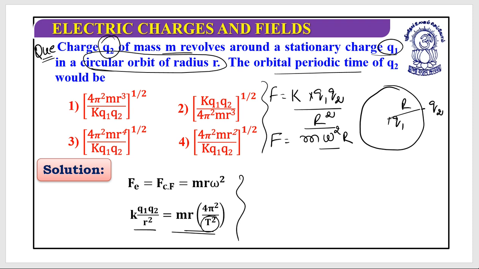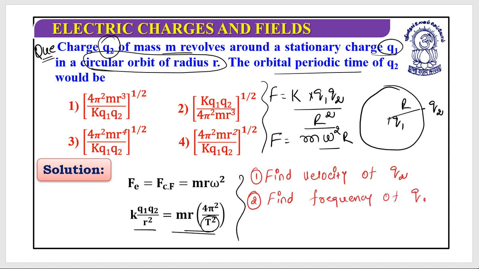Let me add something: first, find the velocity of q2; second, find the frequency of q2; third, find the kinetic energy of the system.